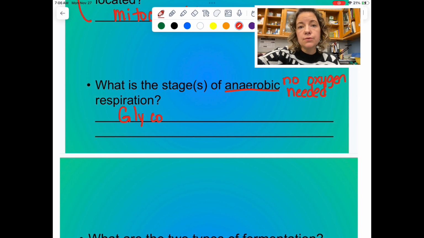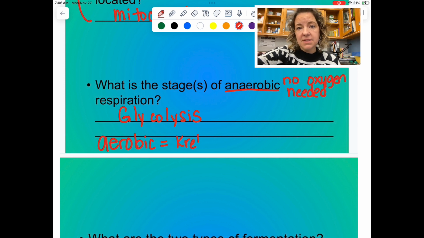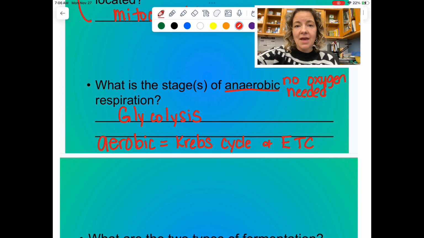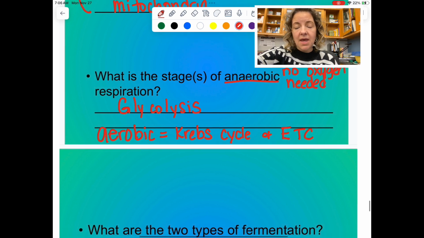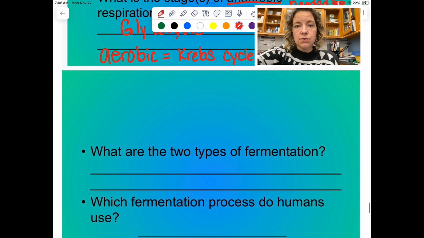Now there are two different types of cellular respiration that do not require oxygen, and those are called fermentation. You've got lactic acid fermentation as well as alcoholic fermentation. Lactic acid fermentation is the type of fermentation that happens within your cells. And that's actually what makes your muscles sore, the lactic acid that builds up when there is a lack of oxygen.